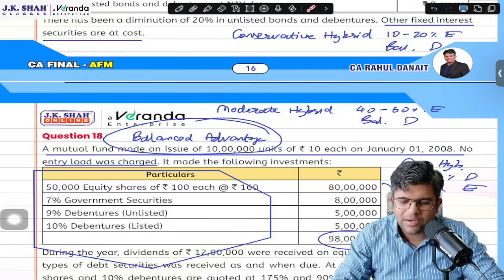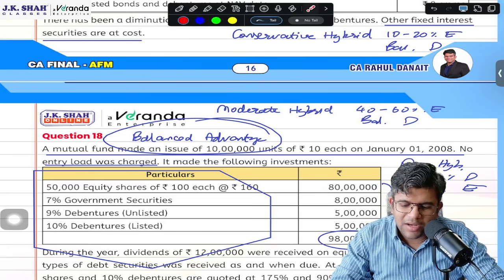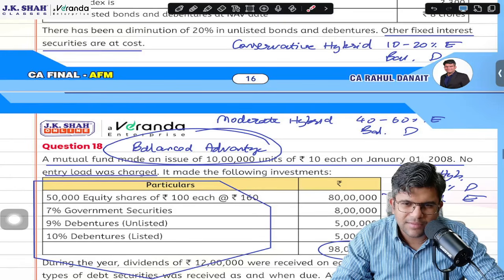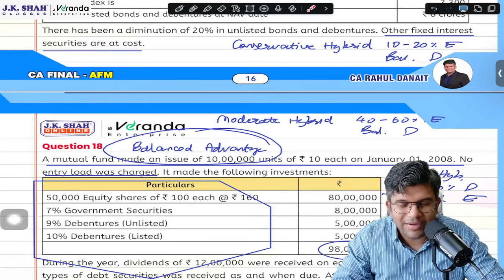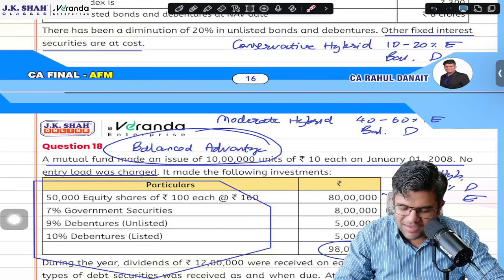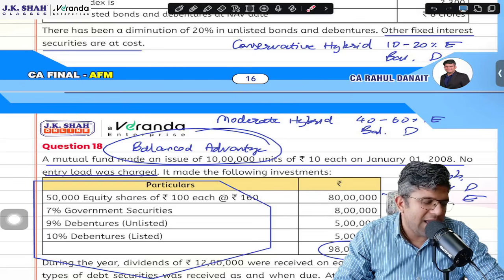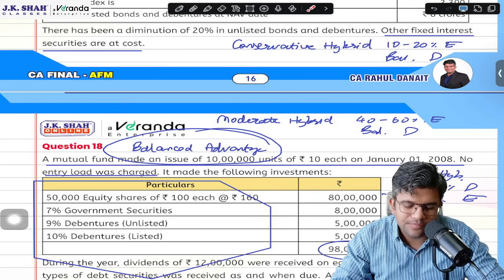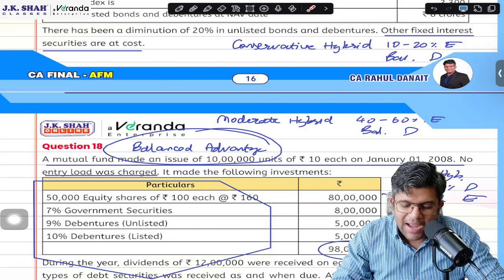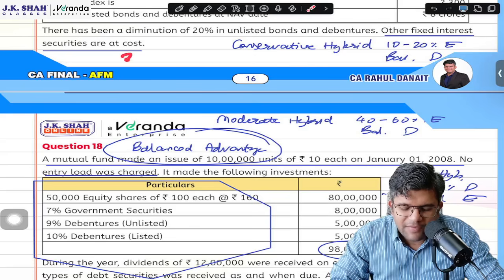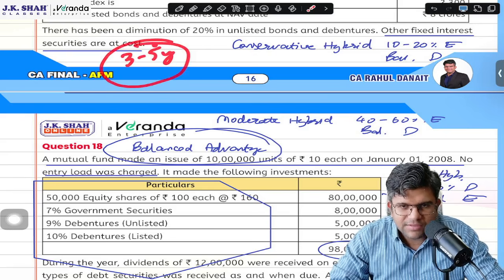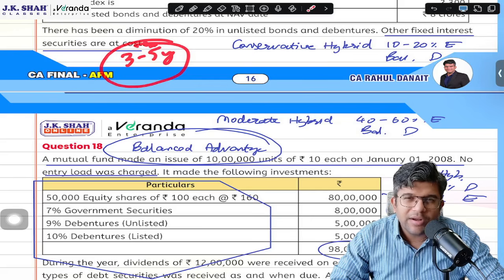Everyone got it, no? So, students, I want to tell you something, just personal advice in case you want it. If you are having some lump sum amount with you, or your parents might be wanting to do this, and you want to invest for a period of, let's say, 3 to 5 years, lump sum, invest and leave it, pure equity becomes slightly dangerous because 3 to 5 years is very short.